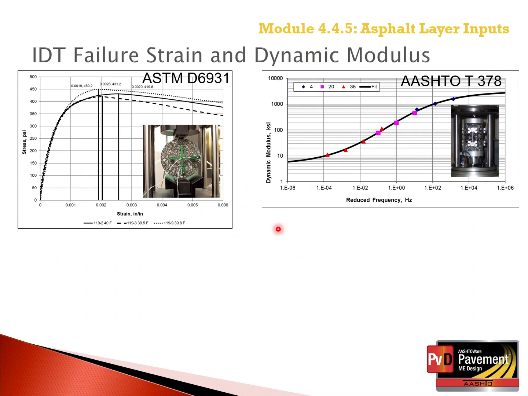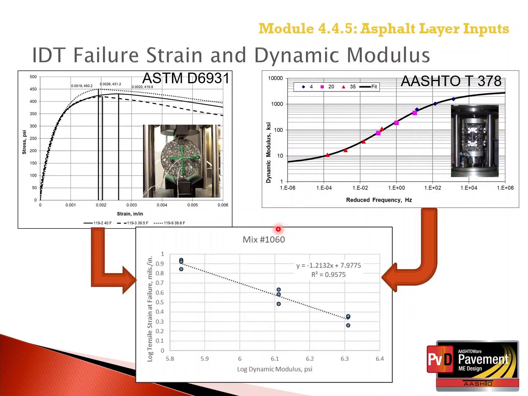The indirect tensile failure strain and dynamic modulus test for the same testing temperature are the two parameters used in estimating the fatigue strength coefficients. The indirect tensile strength test is measured in accordance with ASTM D6931, as displayed on the upper left graph.